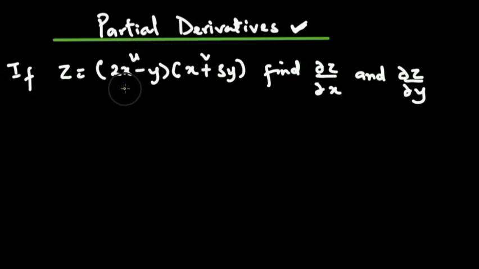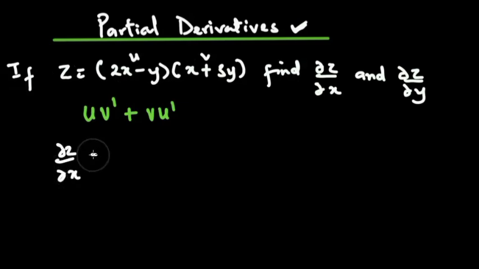In product rule, we drop u, and then we differentiate v, plus we drop v, and then we differentiate u. As simple as that. So that is exactly what we're going to be doing, but instead we're going to be differentiating partially. So to differentiate partially with respect to x, we drop u, this is 2x minus y.